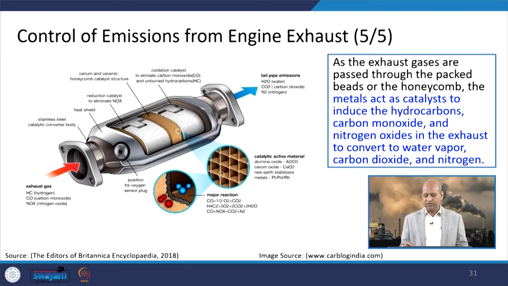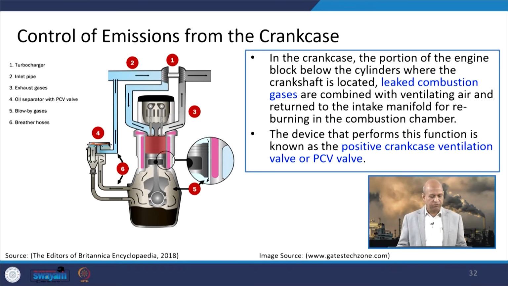So, you can see these metals induce the hydrocarbons, carbon monoxide and nitrogen oxides in the exhaust to convert to water vapor, carbon dioxide or nitrogen, which are present in the atmosphere and are not harmful for us, right. So, carbon monoxide, NOx emissions, or hydrocarbons, VOCs etc., can be converted into water vapor, carbon dioxide and nitrogen that way.